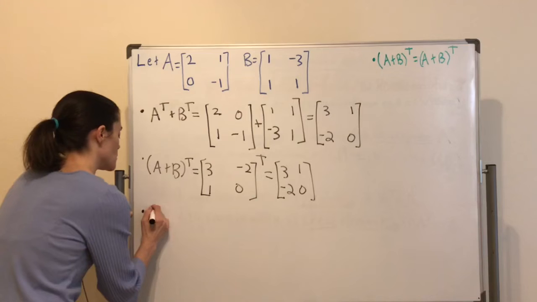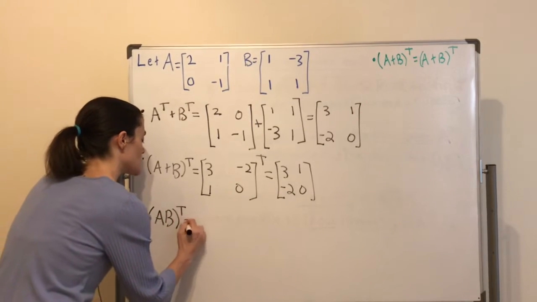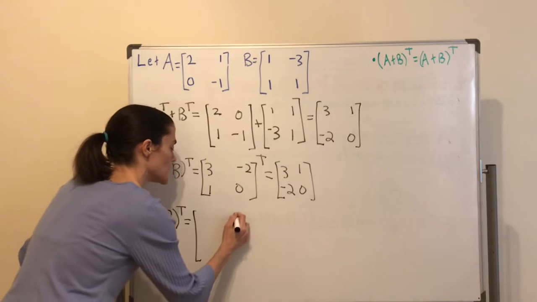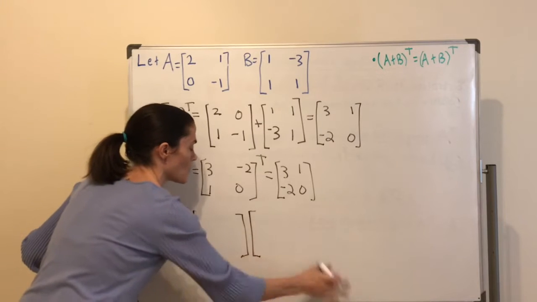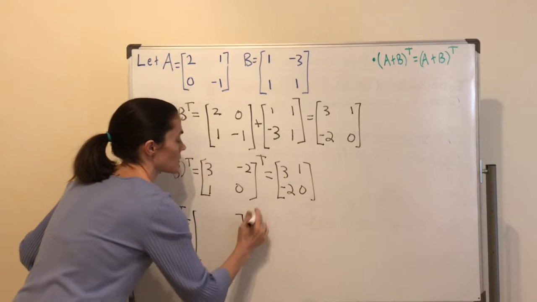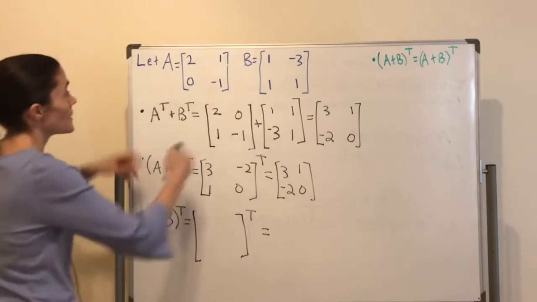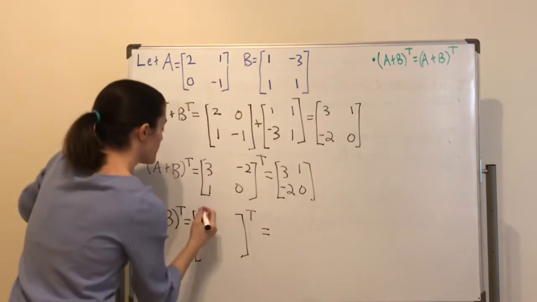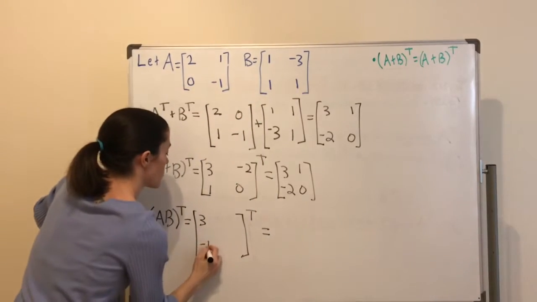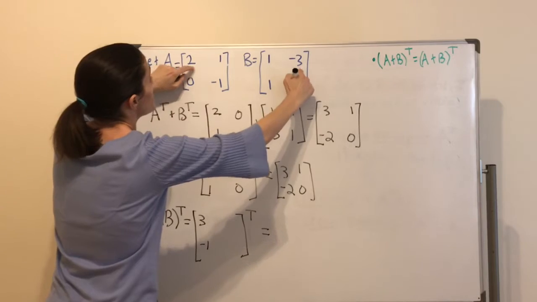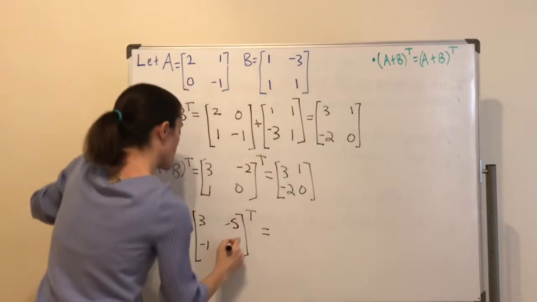One thing I want to do is compute the product AB, and then take the transpose. I need to compute the product. Maybe I'll just multiply, then I'll take the transpose, and see what we get. Well, this is 3, minus 1, minus 5, minus 1.